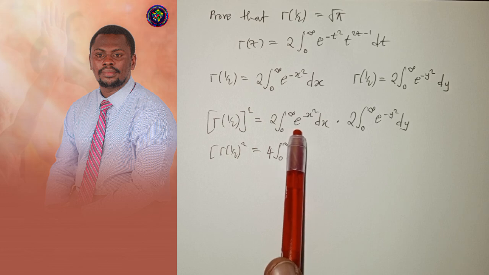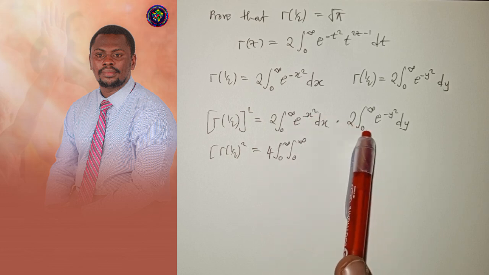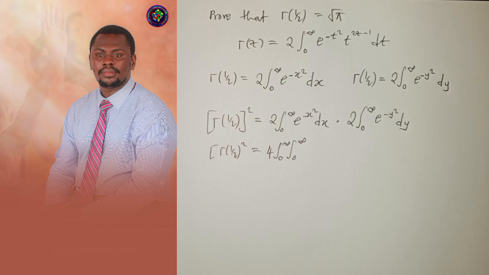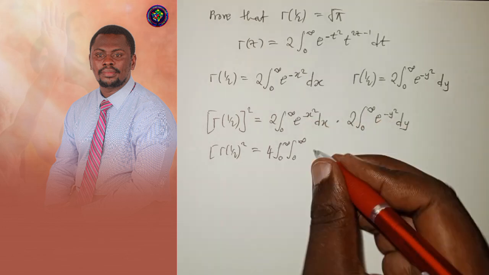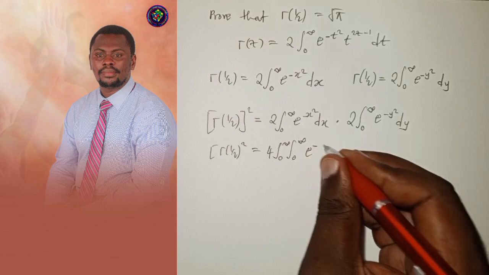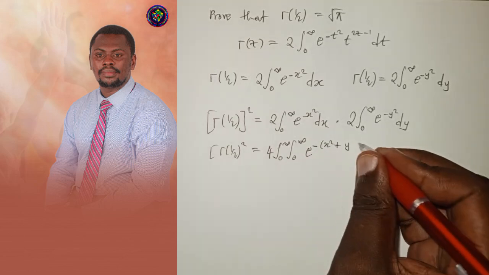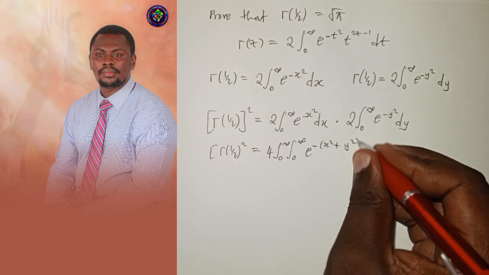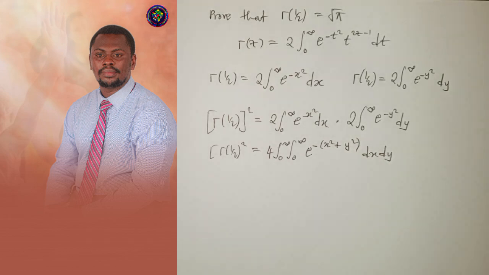When you multiply exponent of minus x squared by exponent of minus y squared, we add the powers. So we get exponent of minus, x squared plus y squared, then dx dy.